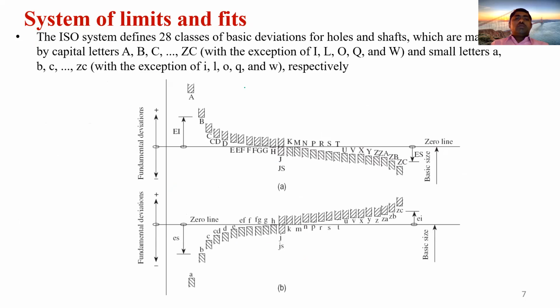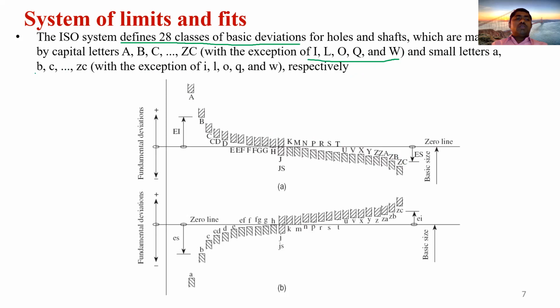In the ISO system of limits and fits, it defines 28 classes of basic deviations for holes and shafts, which are marked with capital letters for the holes: A, B, C, D up to Z, ZA, ZB, ZC, with some letters I, L, O, Q, W eliminated.